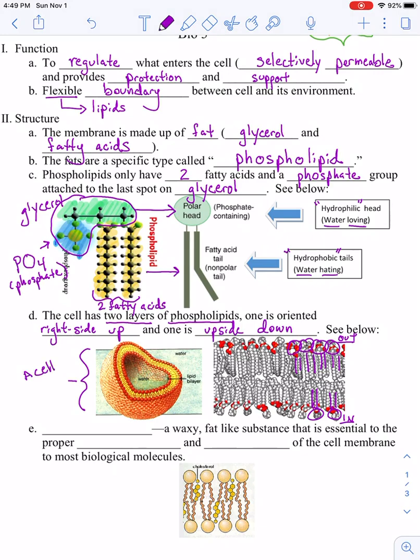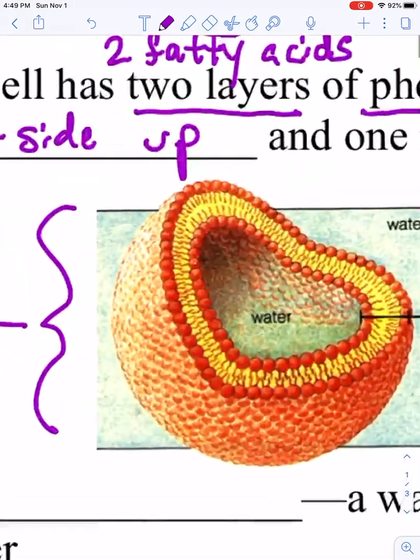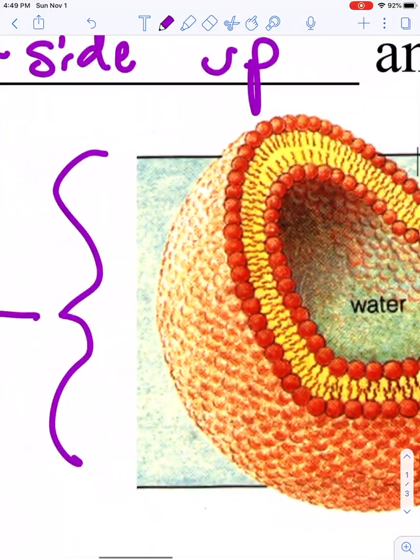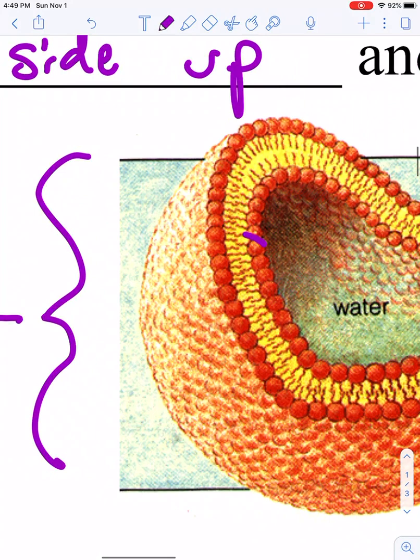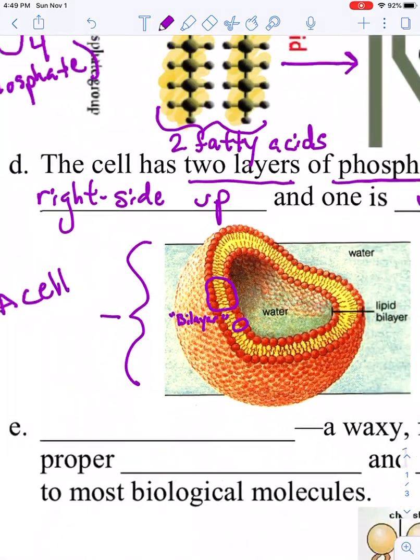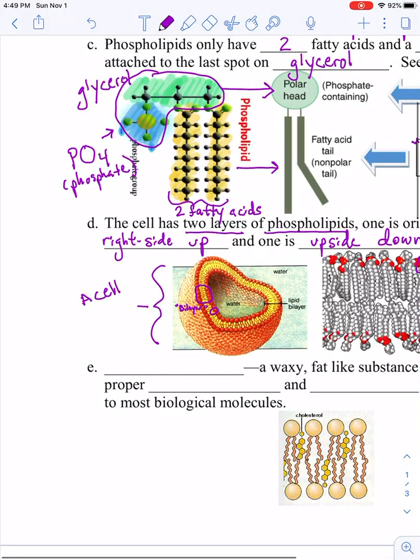And we're not even looking at the contents of the cell, but if you look really closely, you can see the phospholipid bilayer, okay? So phospholipid is each one of these molecules, and I'm going to circle just one phospholipid. And then the two layers we call a bilayer. So cells have a phospholipid bilayer.